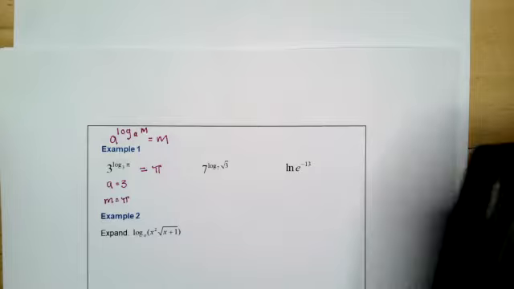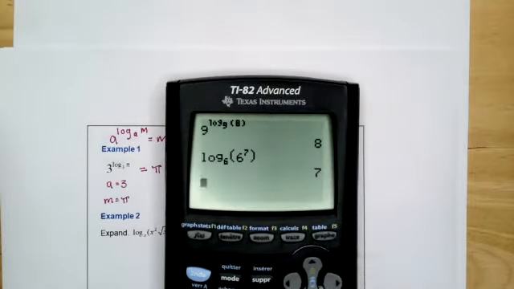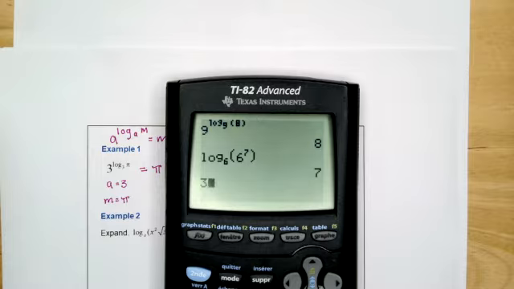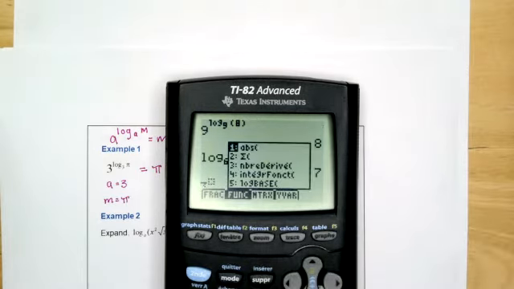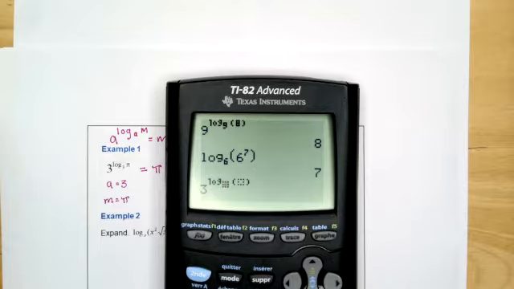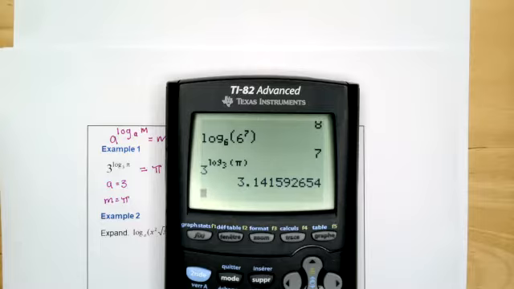You can even check your answer. 3 raised to the power of log base 3 of pi is pi.